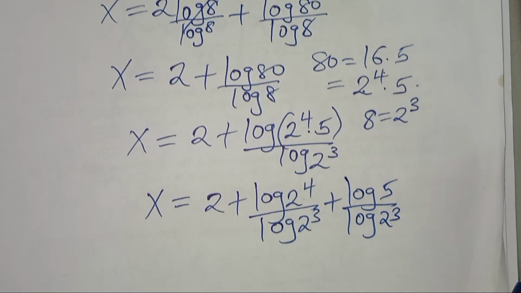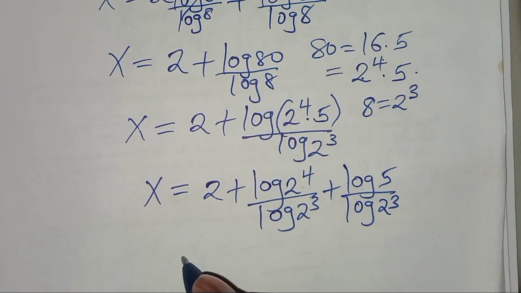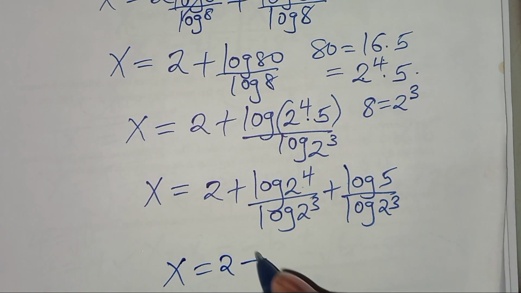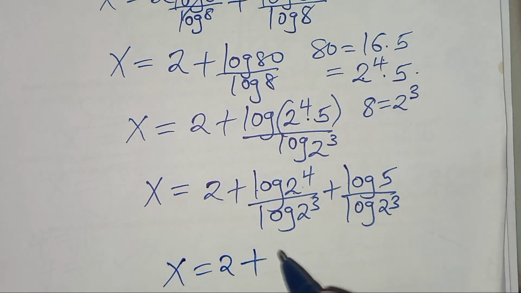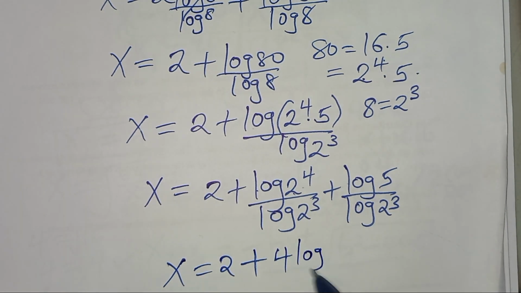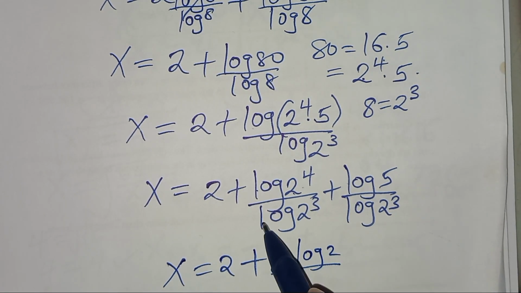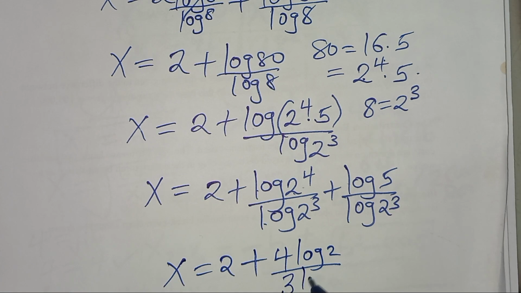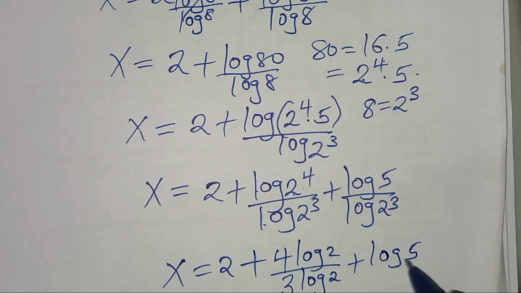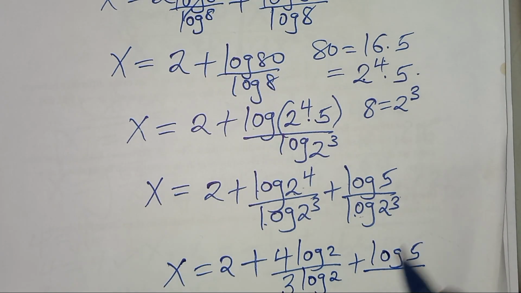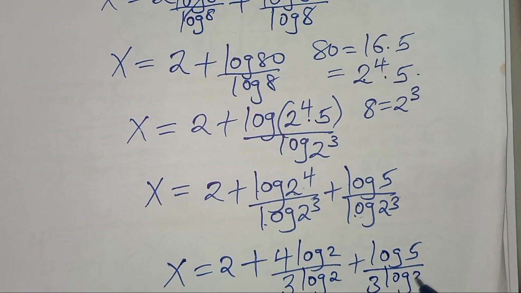Okay, so now from what we have here, x is equal to 2 plus, log 2 to power 4 becomes 4 log 2 divided by log 2 to power 3 becomes 3 log 2, plus log 5 divided by log 2 to power 3 becomes 3 log 2.